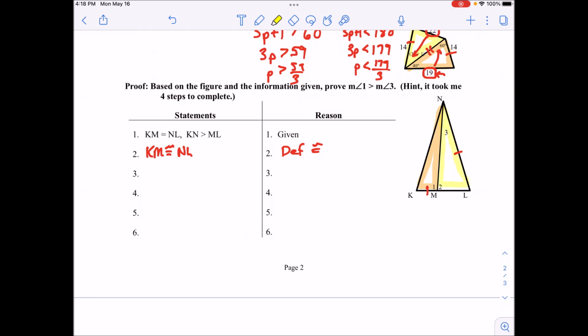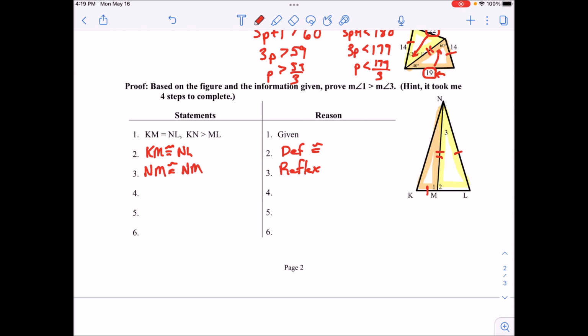Now I've got two triangles here. NM is shared by both triangles. So I'm going to go ahead and state that NM is congruent to itself by the reflexive principle. Now I've got two sides of one triangle, the orange, congruent to two sides of the other triangle, the yellow.